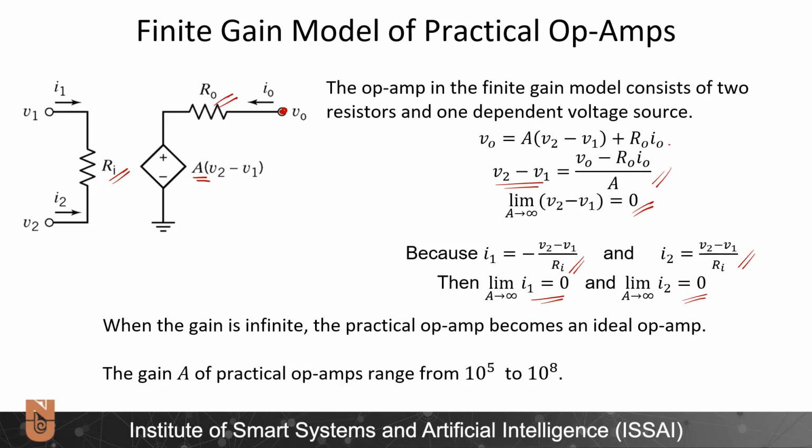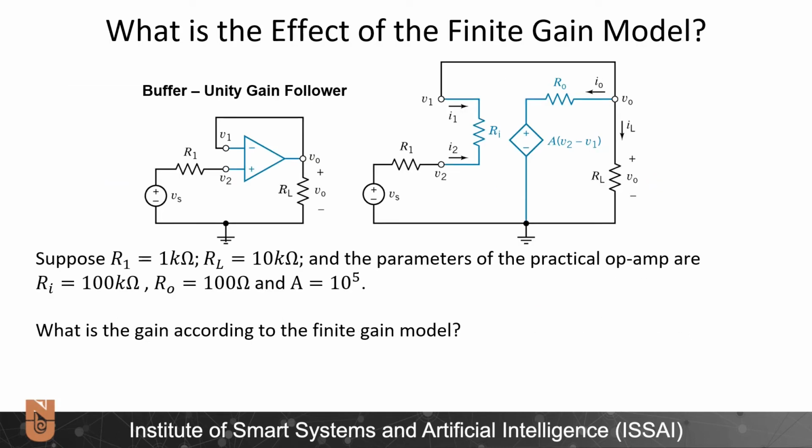It is in the range of 100,000 to 100 million. Again, since we are engineers, we need to have a circuit and quantify the effects of the finite gain model based on that example. And whenever we have a new topology, we will do the same analysis again.